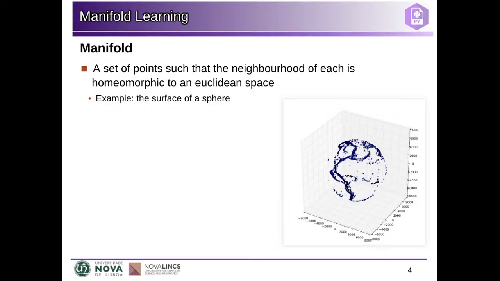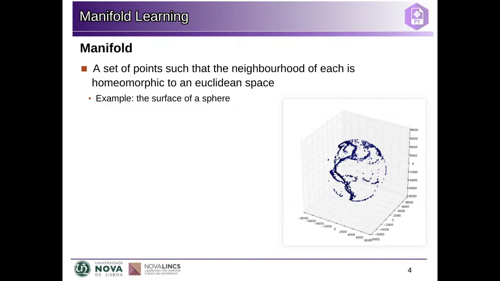So that's why we can create maps of the surface of the Earth. Of course, if you go away from a large distance from one point, then the distances will start getting distorted and you start deviating from the Euclidean space. But close to each point, you have an approximation to this Euclidean space.